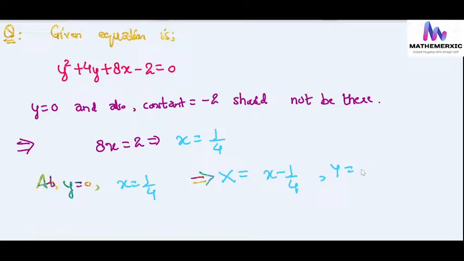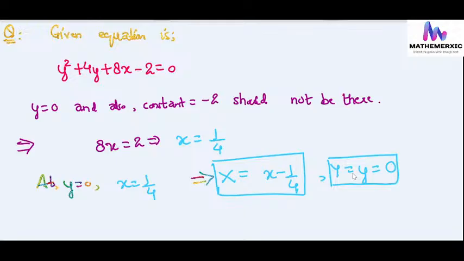So this is what I'm getting at the moment. But here the problem is we have to find for the constant minus 2 also.